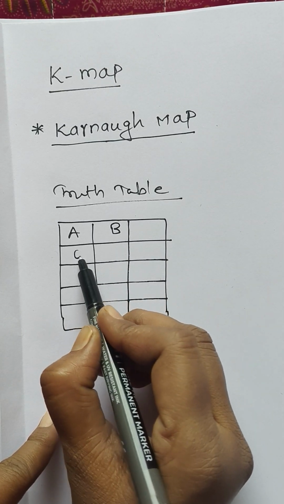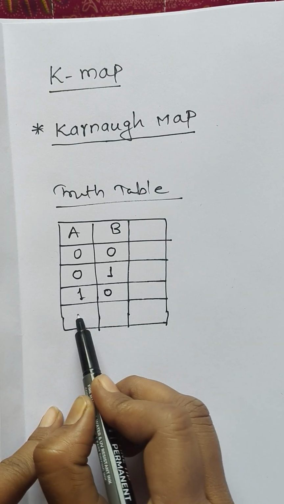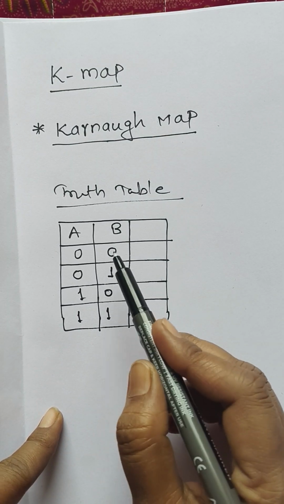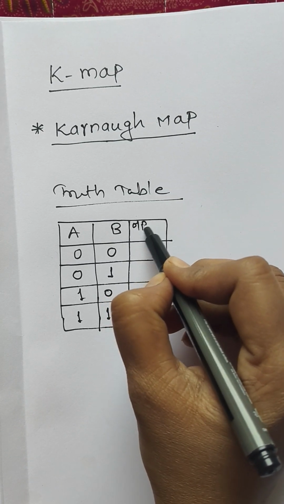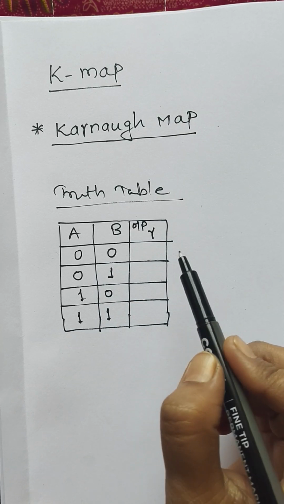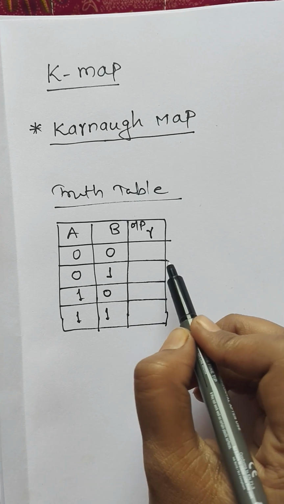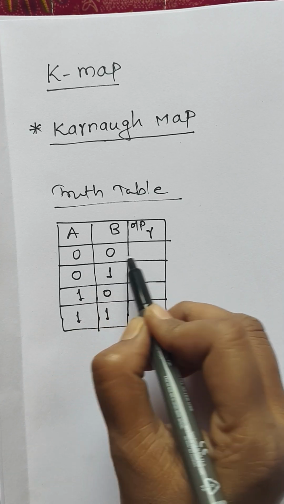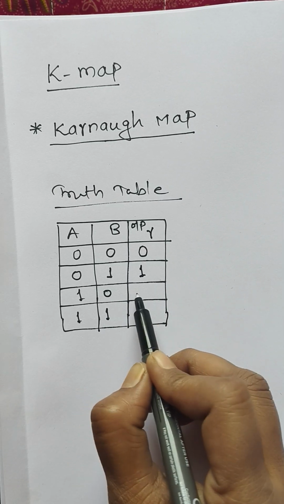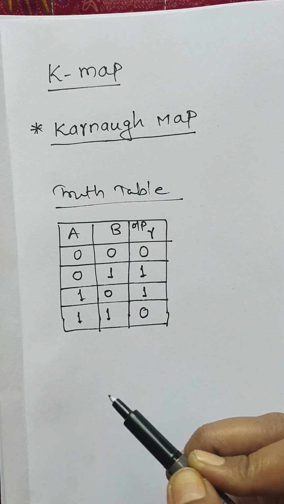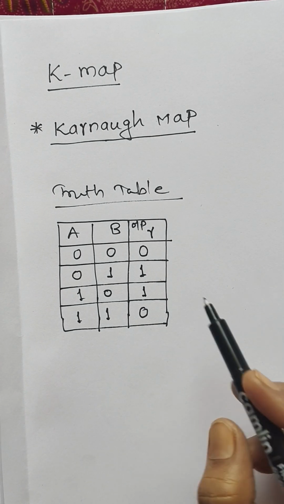A and B can be 0 0, 0 1, 1 0, or 1 1. So for two variables, 4 possible combinations can be there. And suppose for example I have to write the output Y. Let us take the XOR gate. For 0 0 the output is 0, for 0 1 it is 1, for 1 0 it is 1, and for 1 1 it is 0. We know it. So this is the truth table.